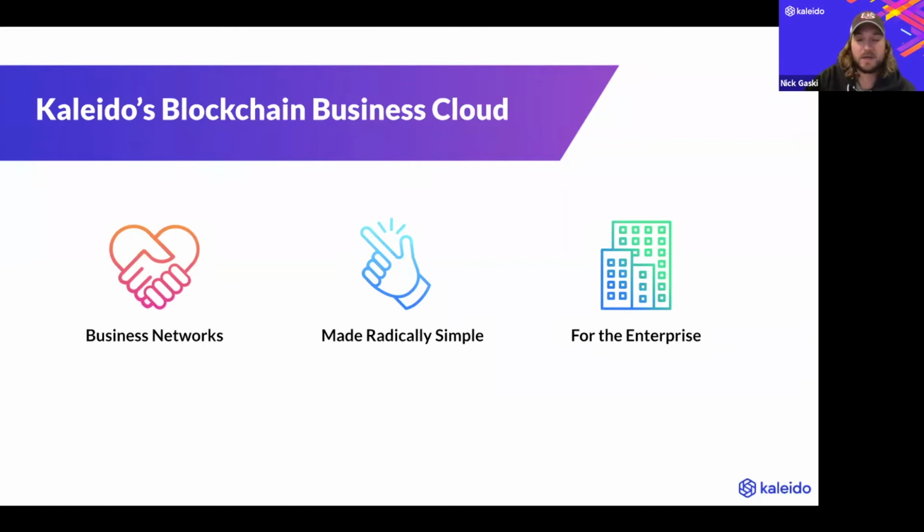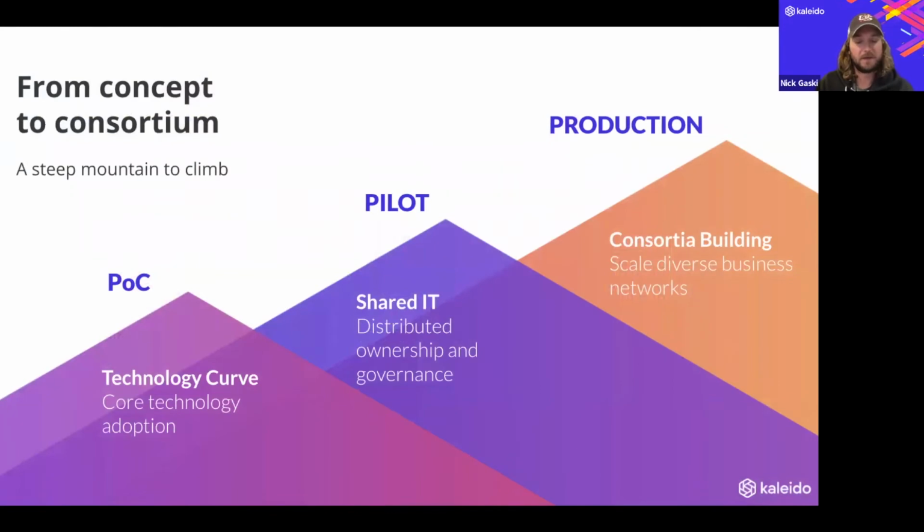And then lastly, we have a whole slide that touches on this, but very much built for the enterprise, with enterprise DNA in the heart of Kaleido. This is how we've tried to approach the adoption of the technology and the ultimate goal moving into an MVP, a pilot, or a production phase, making it completely simple to adopt enterprise Ethereum and enterprise Corda, not concerning yourselves with managing those nodes, managing certificates, managing private keys, giving you the platform to easily decentralize and start sharing this IT ownership over time, allowing you to onboard organizations and even embed governance and permissions.